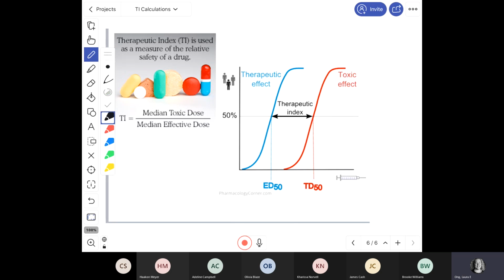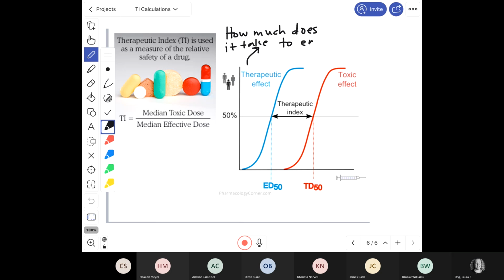So it's really important to know how much of the drug does it take to end the person's infection? We need to know that. And we also need to know how much of the drug does it take to harm the person.